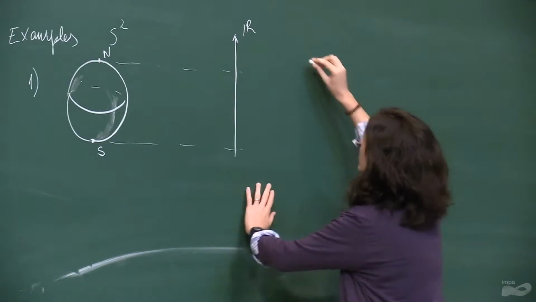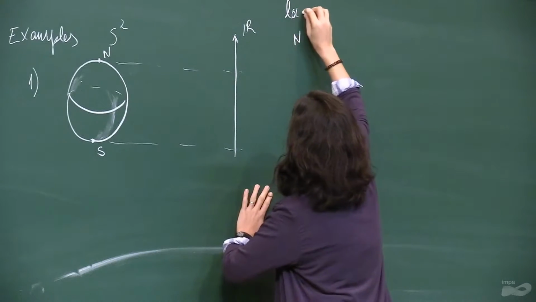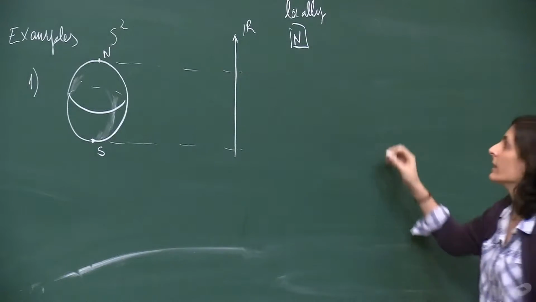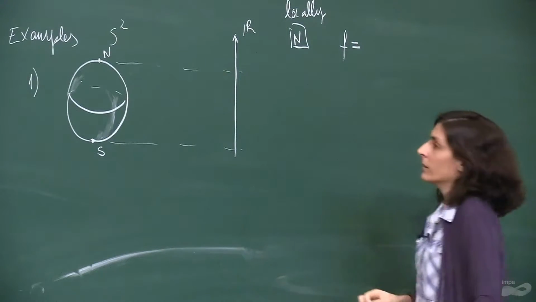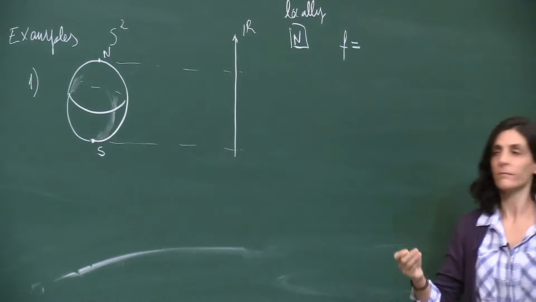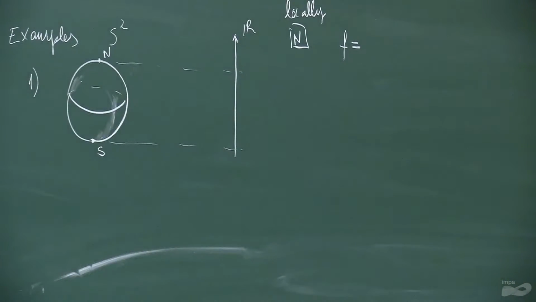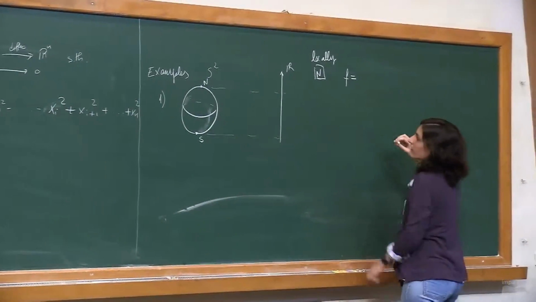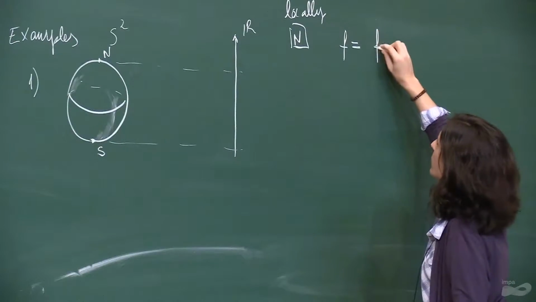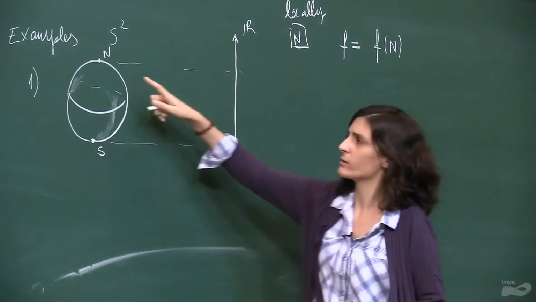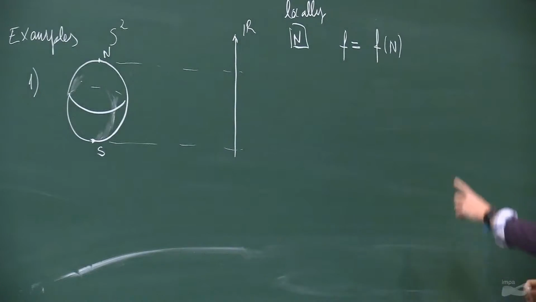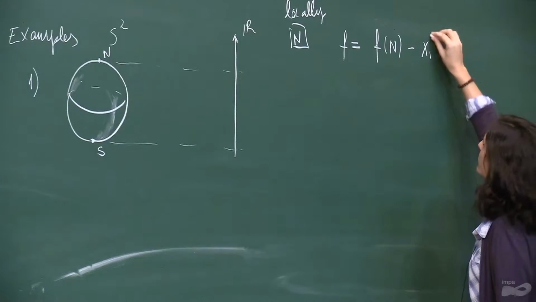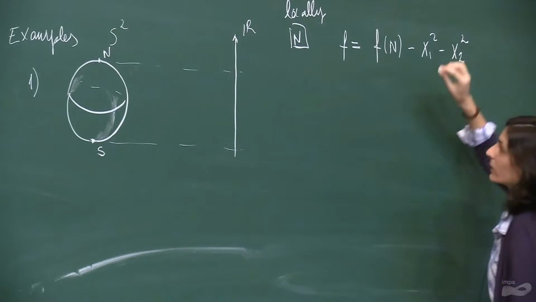So the Morse lemma actually tells me that locally, close to N, for instance, this critical point, this f, here equal means f composed with phi inverse, is equal to f of this critical point N. In this case, we know it's 1, but let me write it like this, minus x1 squared minus x2 squared.